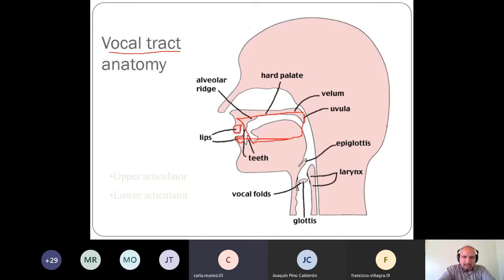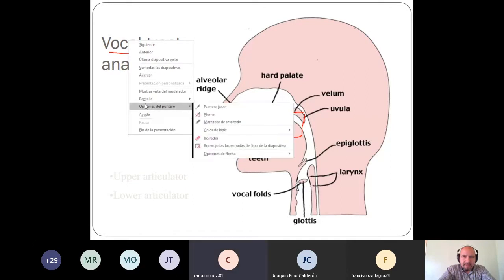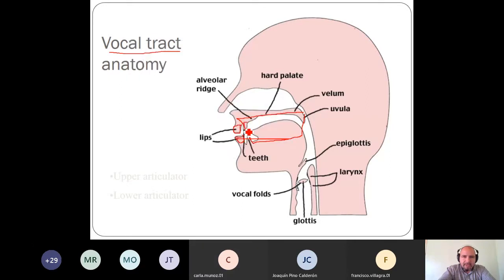We're going to be talking about the upper teeth, right here, the upper teeth and the lower teeth. When you produce the sound as in fire, father, feast, the initial sound, you're going to be using the upper teeth and the bottom lip, right?